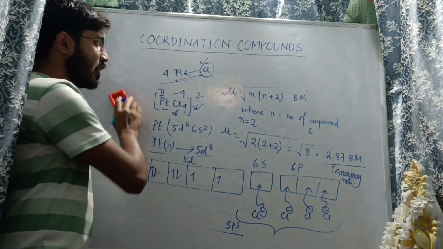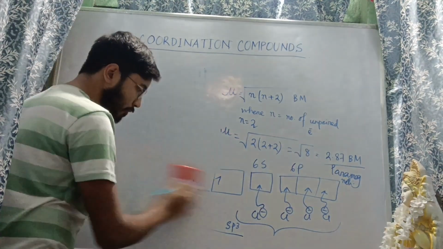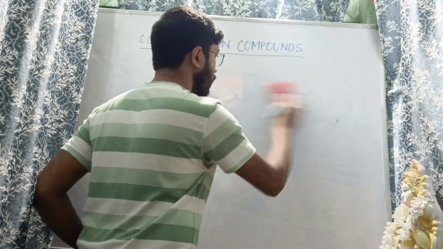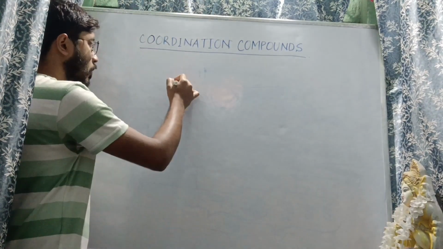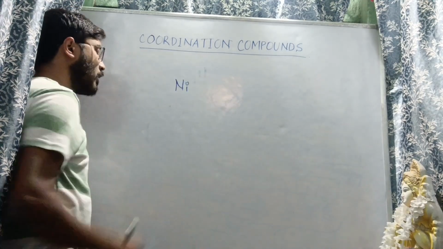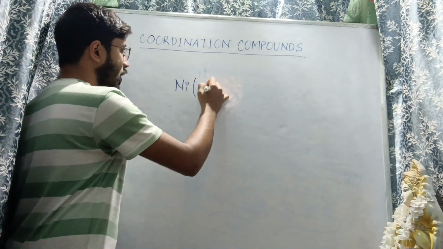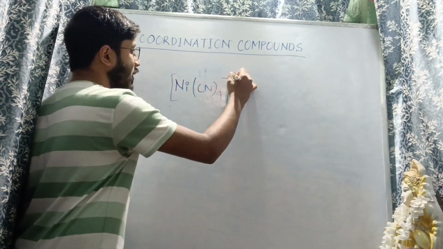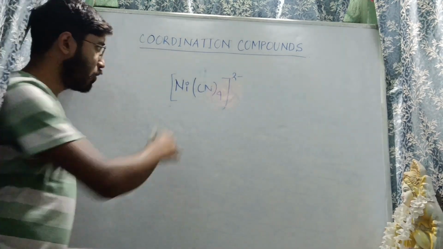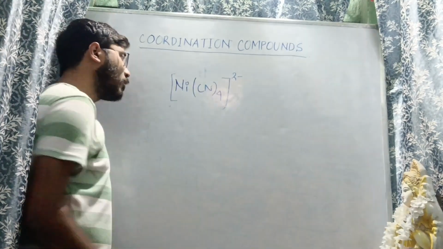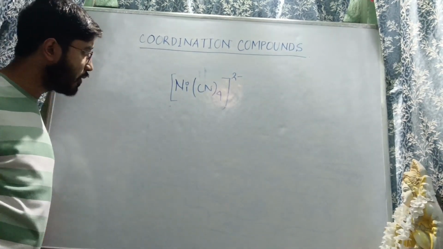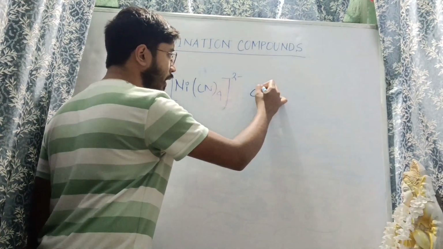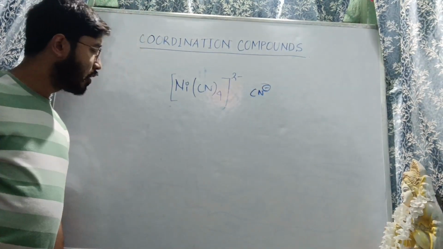Let us discuss another example of bonding. That is Ni(CN)4 2 minus. At first we can determine the oxidation state of nickel. We know that cyanide is always present in the -1 oxidation state.